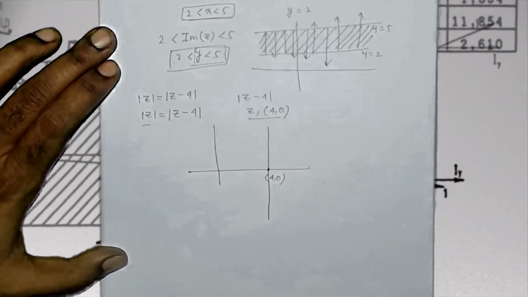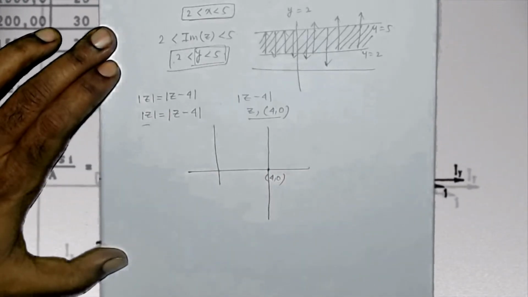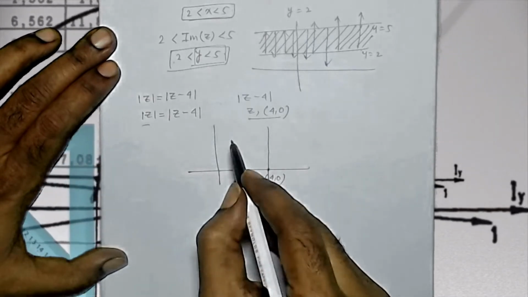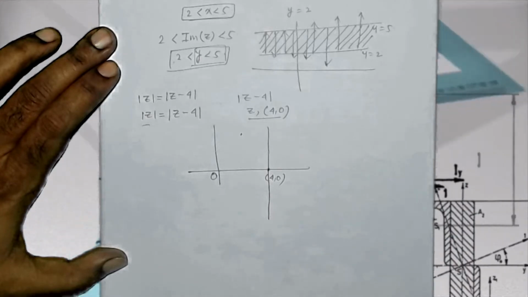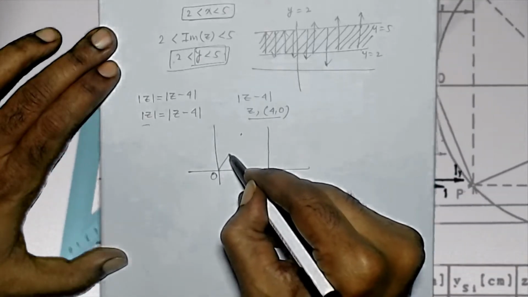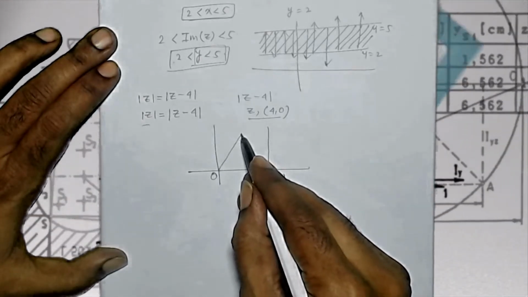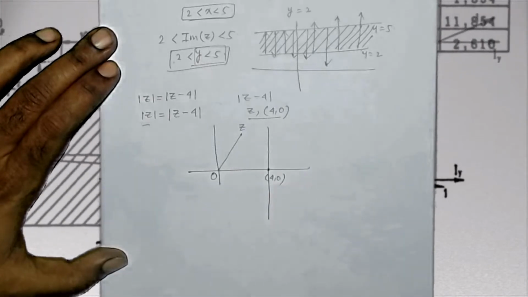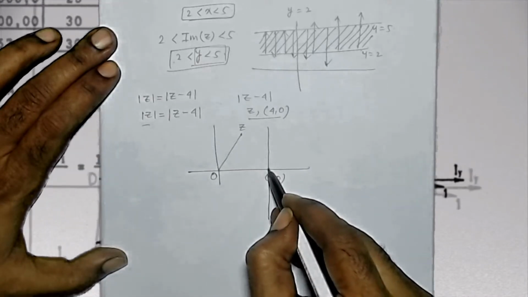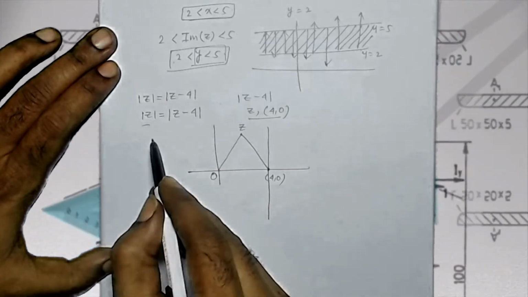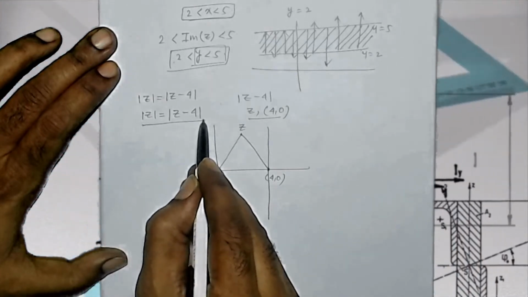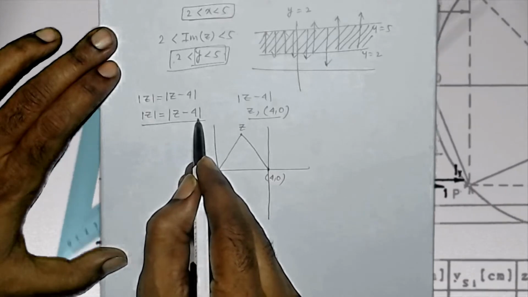So z is a point moving in such a way that if suppose z is here, this is the origin, so the distance from this point is our z, is the same as the distance from these 2 points. Yes or no? That is exactly what is represented by mod z equals mod of z minus 4.